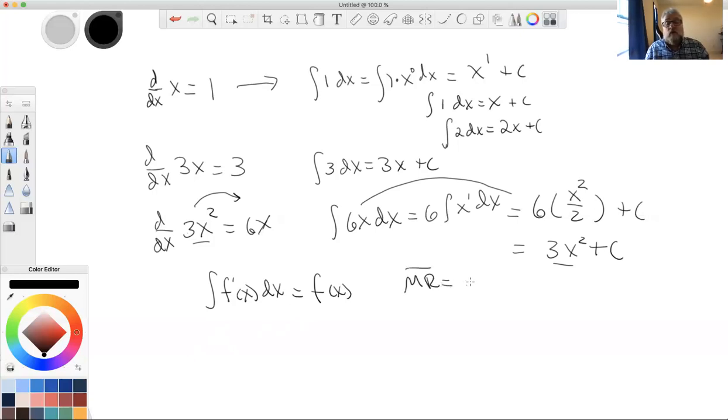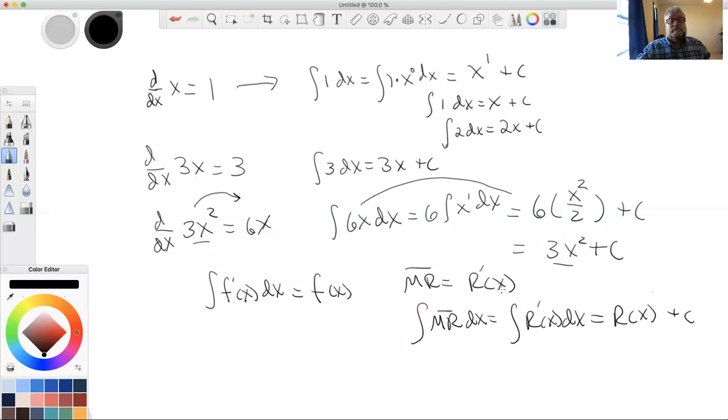Marginal revenue was the derivative of the revenue function. So if we take the integral of the marginal revenue, that's just going to give us back the original revenue function. Ah, you're right. Got to add that constant.